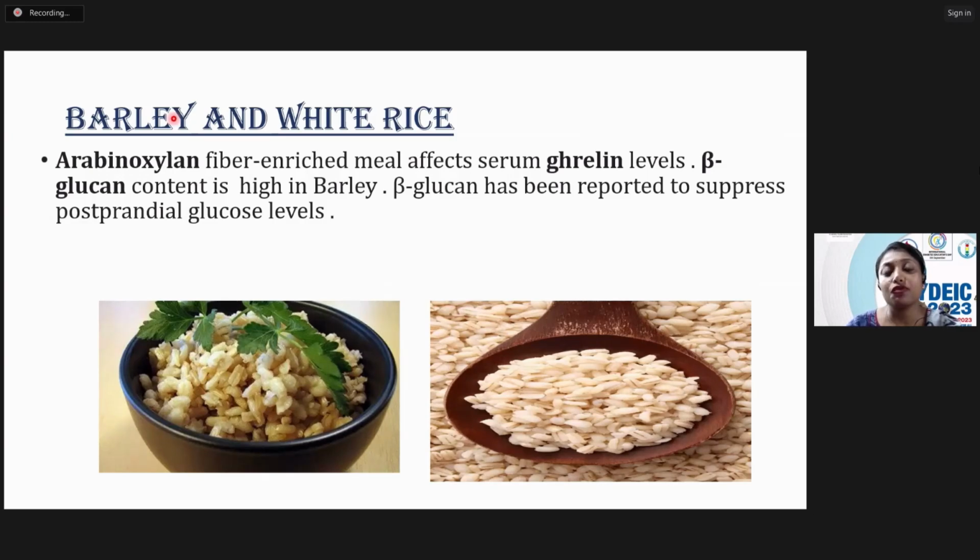But if we prepare a combination of 30:70, that is 30% barley and 70% white rice, cooked together, then the fiber present in the barley, that is arabinoxylan, makes sure that the ghrelin levels remain right, which will create a feeling of satiety and suppress hunger. Beta-glucan molecules, which are released when barley is cooked, will bind to the starch of white rice and make sure that the glucose spike does not happen after the meal.